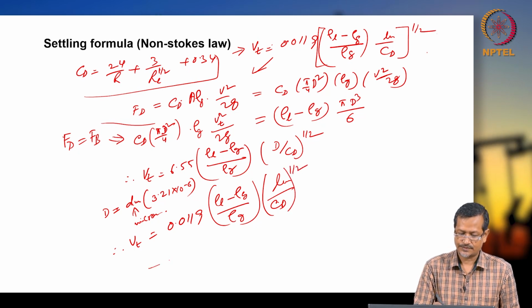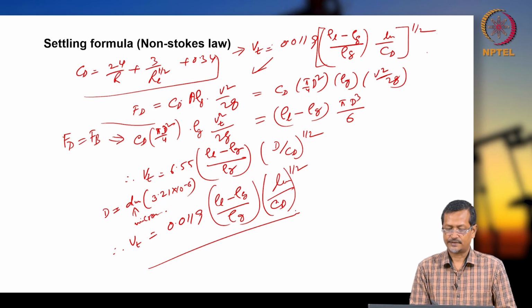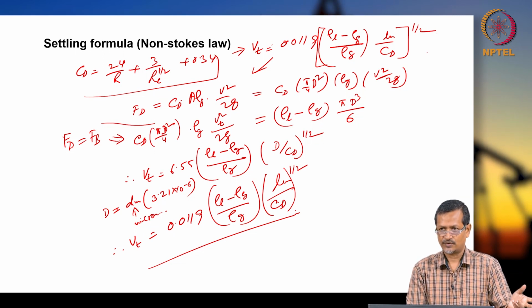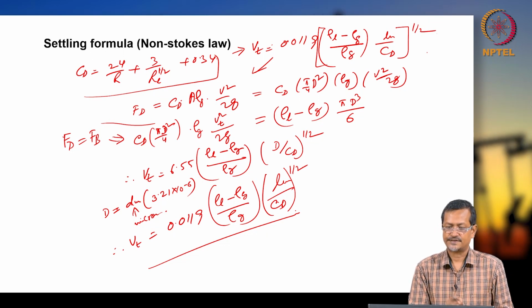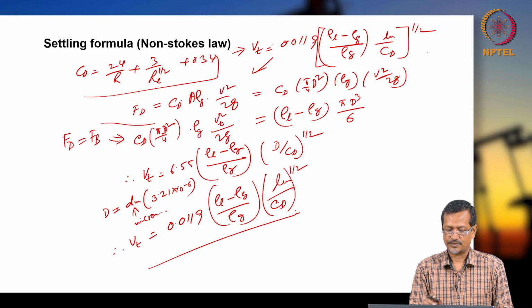Okay, so this formula you should remember. Normally this formula will be used, not the previous one. The previous one is just basic, to give an idea how the particle settlement formula works if Re is less than 1, but in this case Re is more than 1, so you have to use this formula.